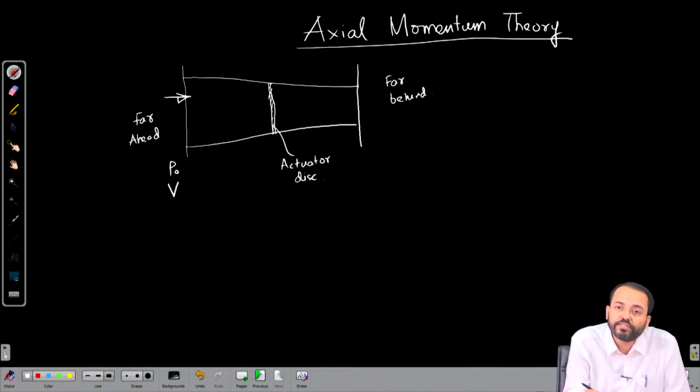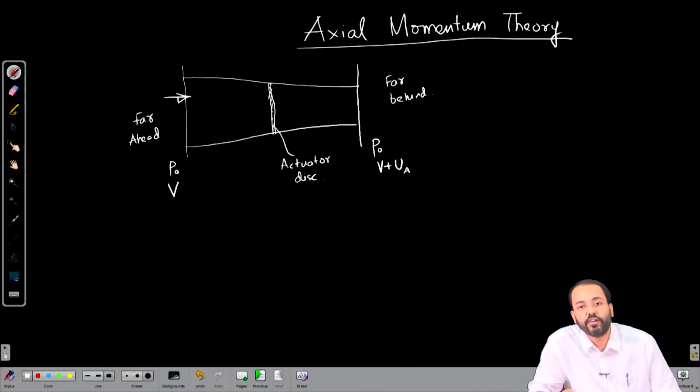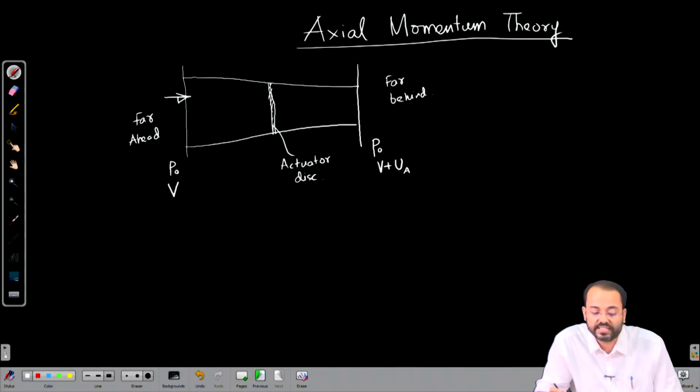And because of the propeller giving a pressure jump here, we will have an induced velocity at the propeller plane and also far behind. Let us say far behind we will have the pressure again P0 and velocity V plus UA. That is the induced velocity far behind the propeller disc.